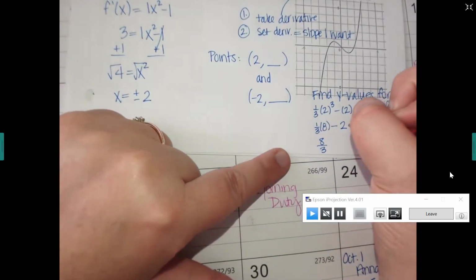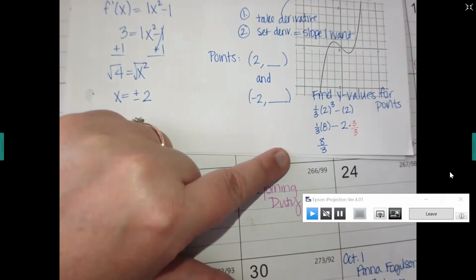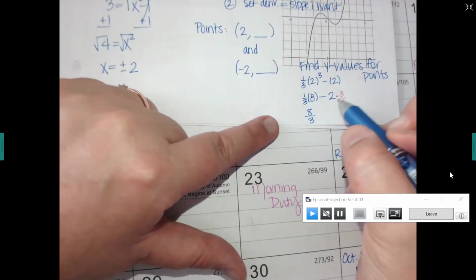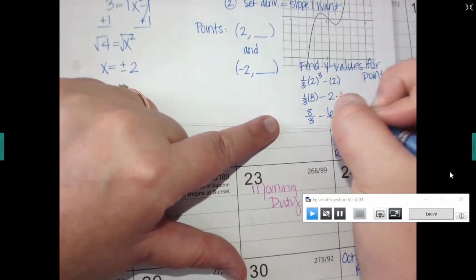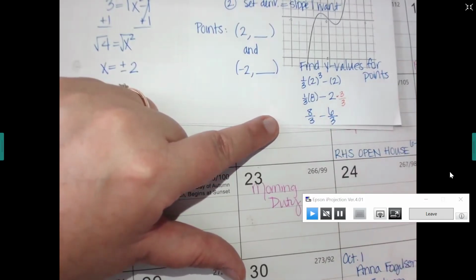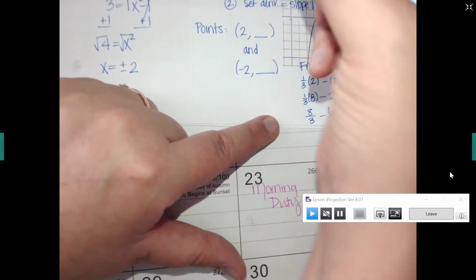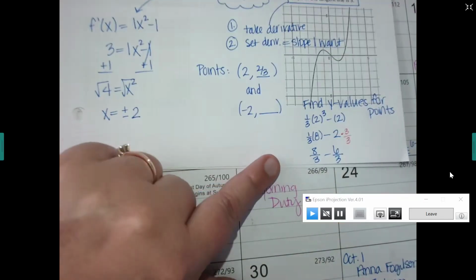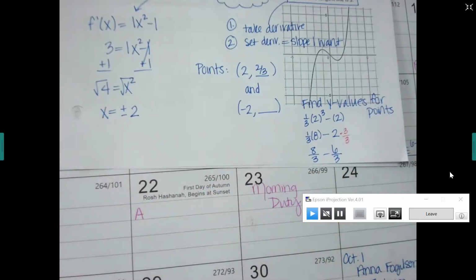So what am I minusing as a fraction? 2 times 3/3 would go to 6/3. And what's 8/3 take away 6/3? 2/3. So my first ordered pair would be 2, 2/3.